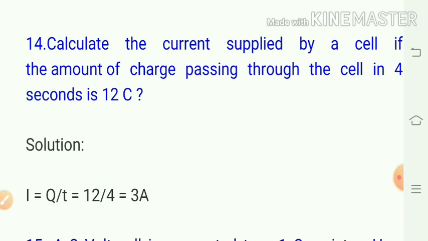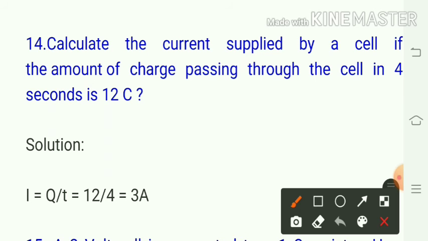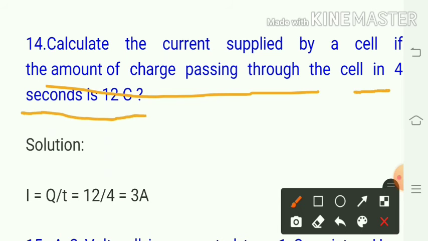Calculate the current supplied by a cell if the amount of charge passing through the cell in 4 seconds is 12 coulomb.